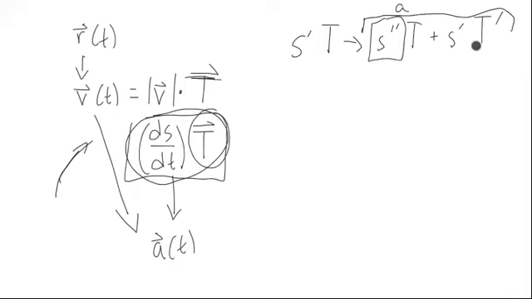Now this is T prime, and you remember that if we take T prime and divide it by the absolute value of T prime, you end up getting N itself.